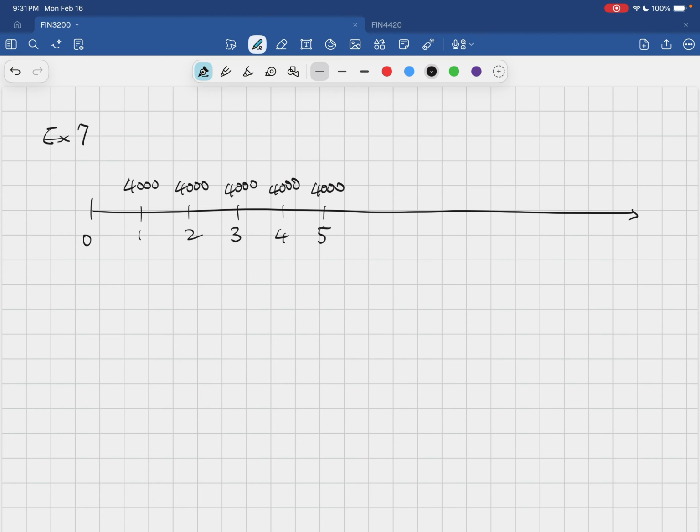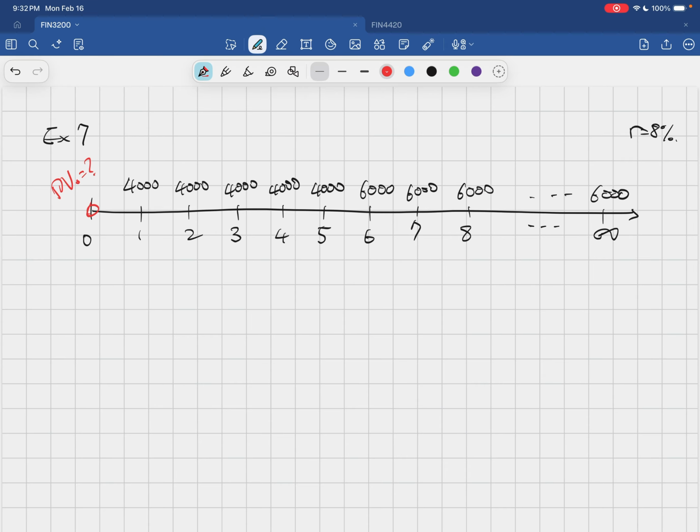And starting in year 6, we have a perpetuity of $6,000. So this will go on forever. The goal is to find the present value of everything if R, the interest rate, is 8%.